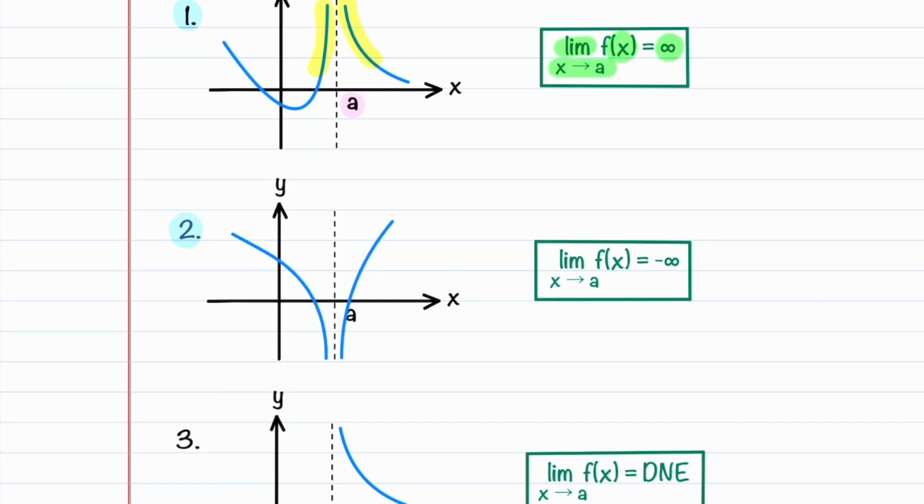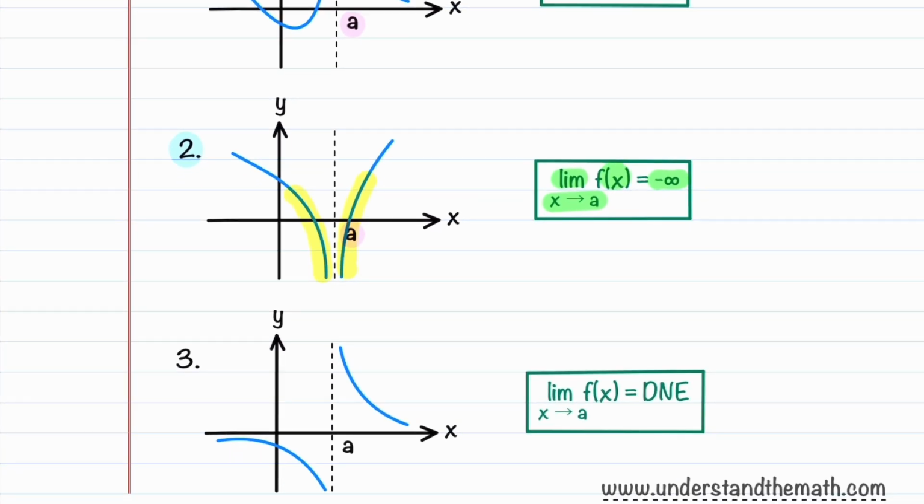The function in the second graph also has an infinite limit, but this time, as x approaches a, the graph on the left and on the right approaches negative infinity. So we say that the limit of f of x as x approaches a is equal to -infinity.